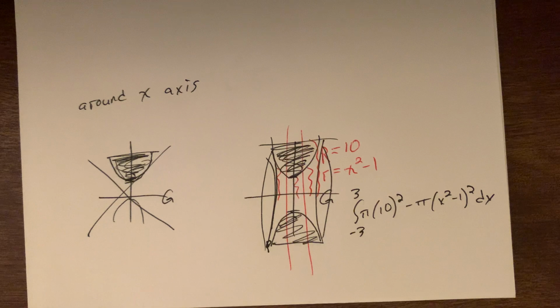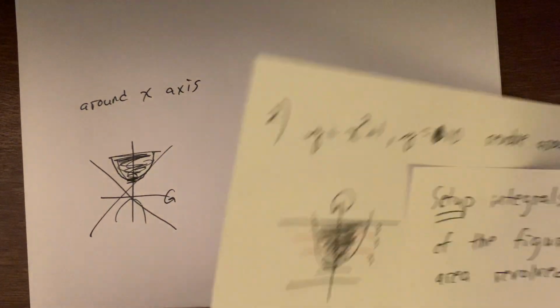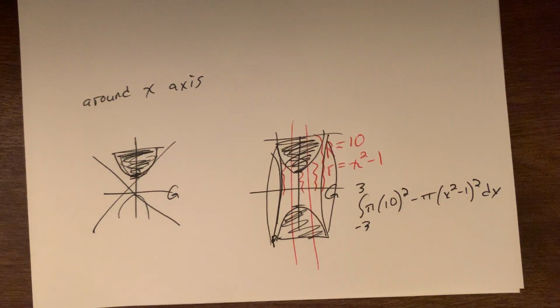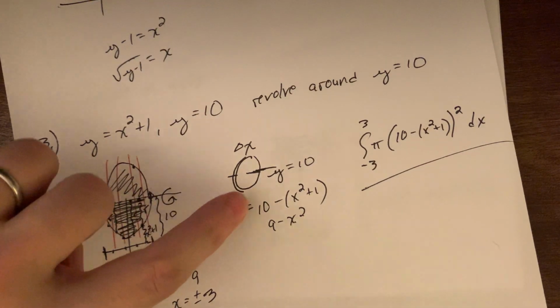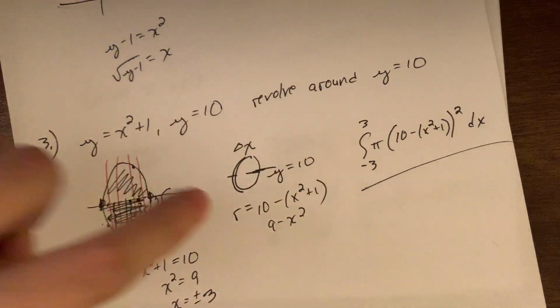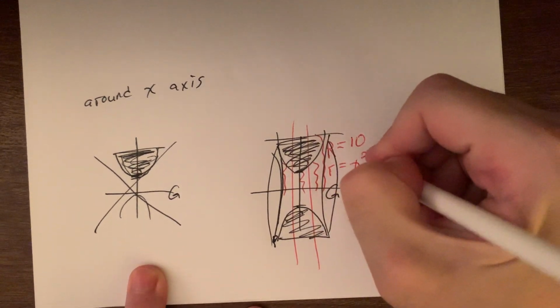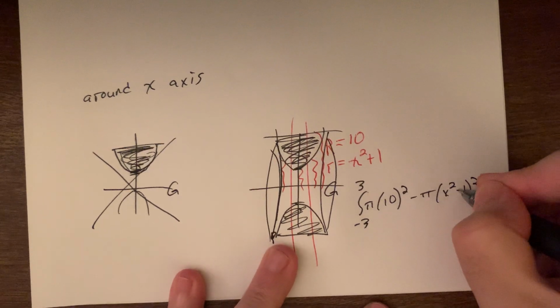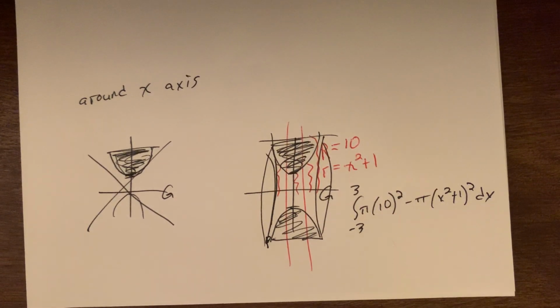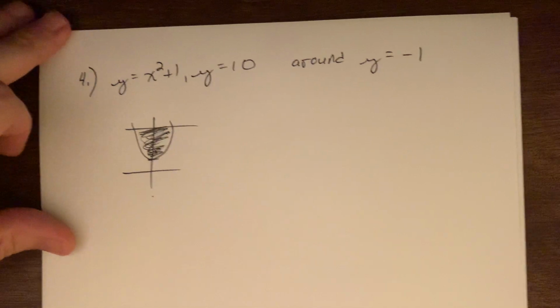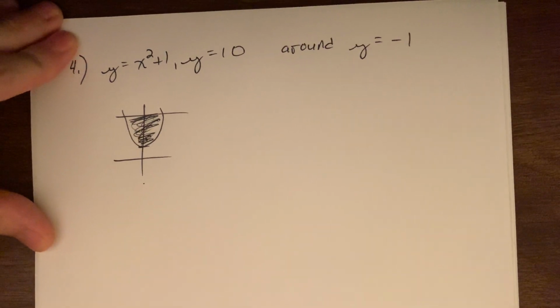You'll see you get very, very different volumes for very different looking and shaped figures. So you see a few similarities. Here, only one r, but it involved the 10 and the x squared plus 1, and we subtracted. All those same pieces are being used, but the order they're put in makes a very big difference. Okay, so now, back up to here, and let's finish this up.